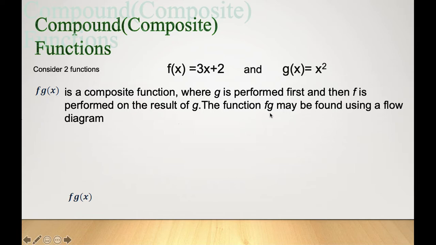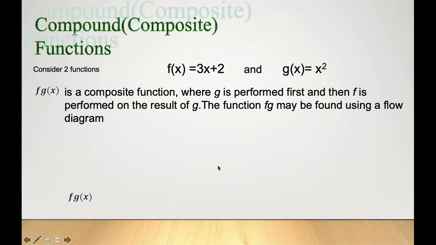The function f of g may be found using a flow diagram. If f of x is equal to 3x plus 2 and g of x is equal to x squared, then f of g of x is a composite function where g is performed first and then f is performed on the result of g.